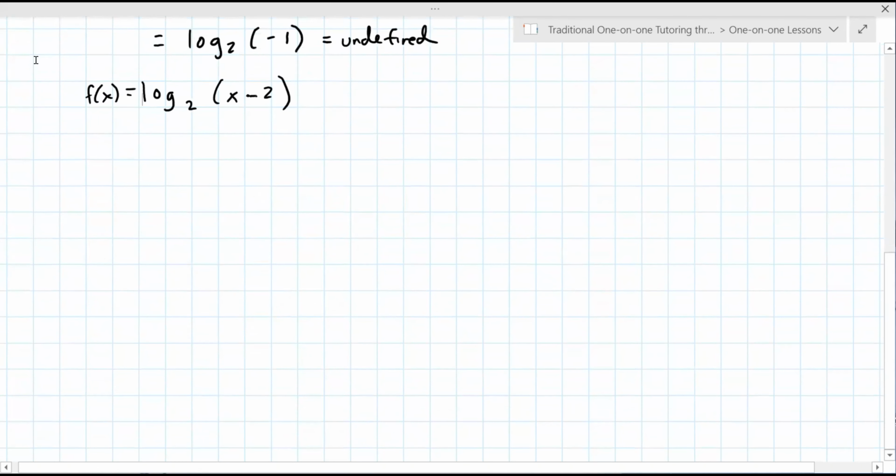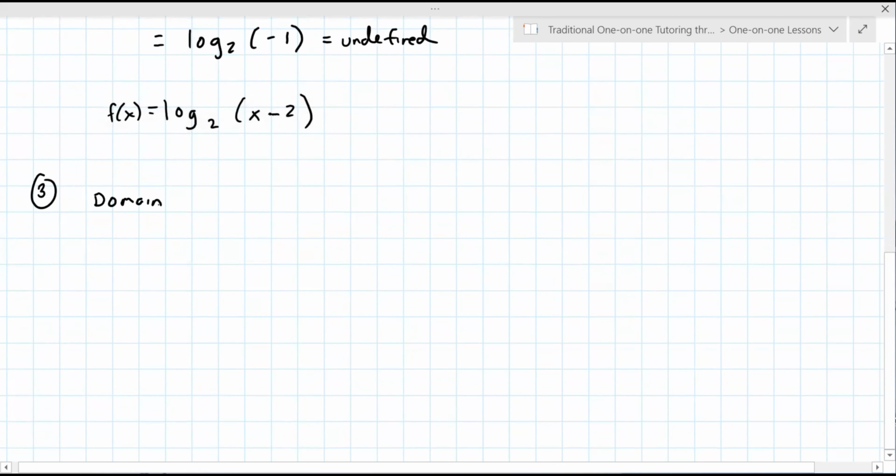So the third thing you might be asked for is the domain. For the domain, you set the inside part greater than 0. So you literally say x minus 2 greater than 0, and then you solve for x.